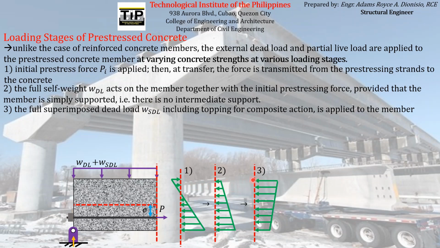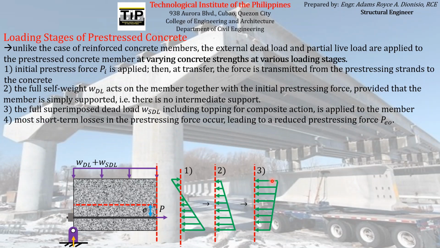You can notice that on the corresponding diagrams shown here: as the loads are applied to the concrete element, the stresses on the bottom fiber tend to have lesser magnitude, while the stresses acting on the top fiber tend to have a larger magnitude.